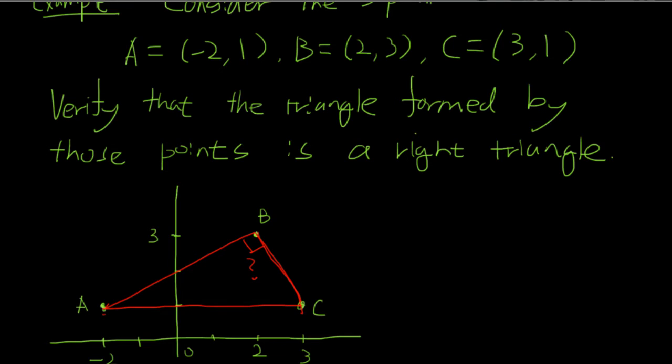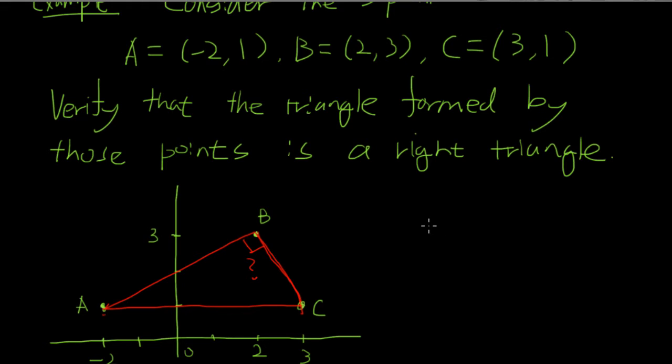So what do we need to do? Well, we need to show that this distance, which is the longest distance, squared is the same as this distance squared and that distance squared.